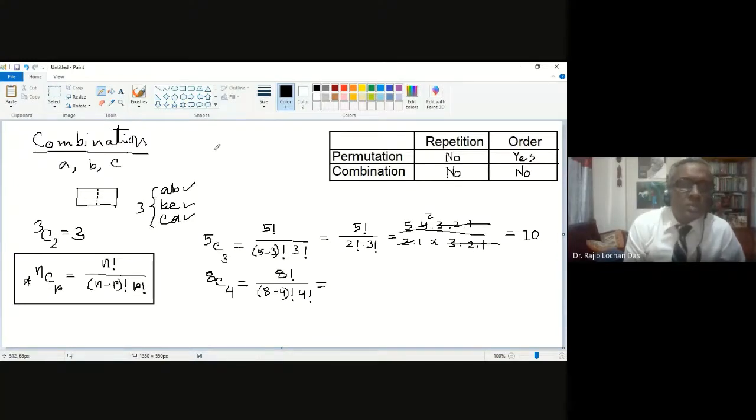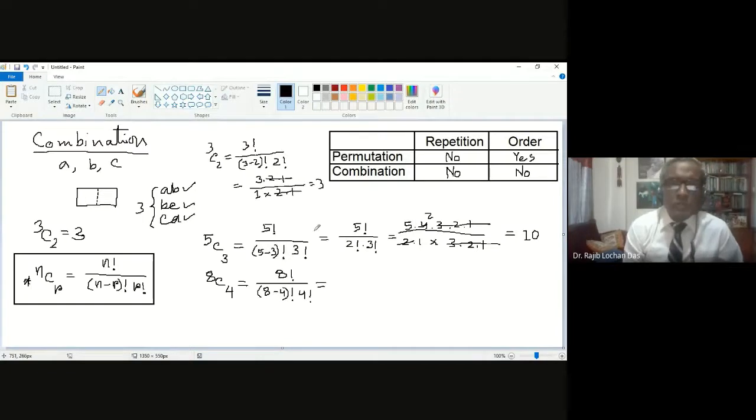You can use the formula also. 3C2 means 3 factorial, and then 3 minus 2 factorial, and then 2 factorial. So 3 factorial is 3 into 2 into 1, and 3 minus 2 means 1 factorial, so it is only 1, and then 2 factorial means 2 into 1. So 2 1, 2 1 cancel, and it is 3.